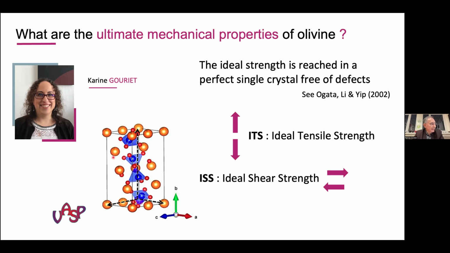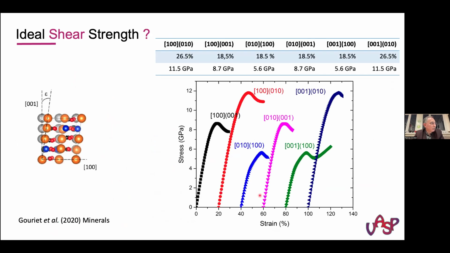This is done at the scale of the unit cell, and by performing either tensile or shear test as we like. So these are the kind of curves that you can have, and the maximum stress gives the limit of stability, of mechanical stability of the structure, depending on which direction shear is applied.